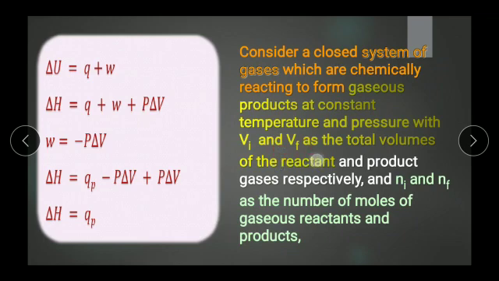Vi and Vf are the total volume of the reactant and product. Vi is initial, that is the reactant. Vf is final, that is the product. Ni and Nf are the number of moles of gases: Ni for the reactant, Nf for the product.